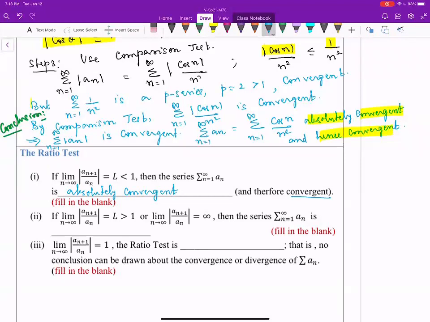If limit as n approaching infinity of absolute a sub n plus 1 over a sub n equals L is more than 1, or the limit of this ratio is infinity, then the series sigma a_n is divergent.